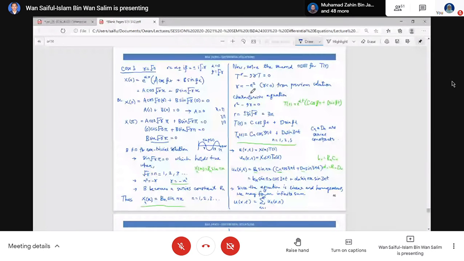So r square minus 9 gamma equals 0, and this will result in, because the root is a complex root, and with gamma equals minus n square, we can just write the solution like so. So the root is plus or minus 3 times this.